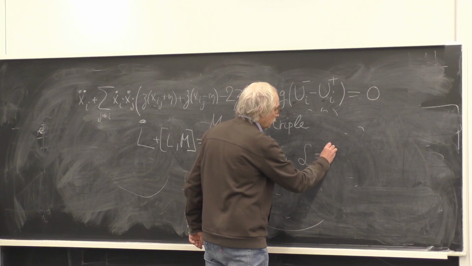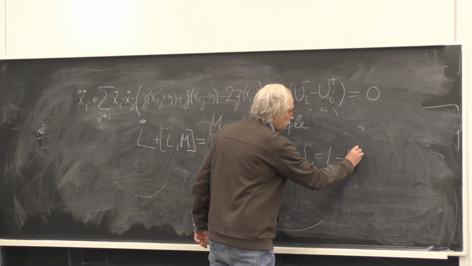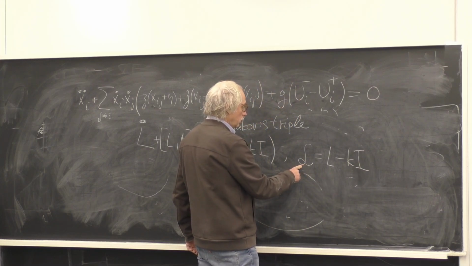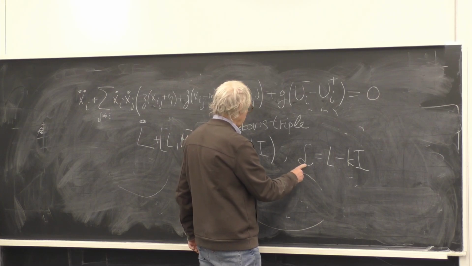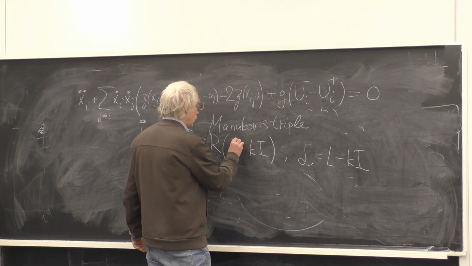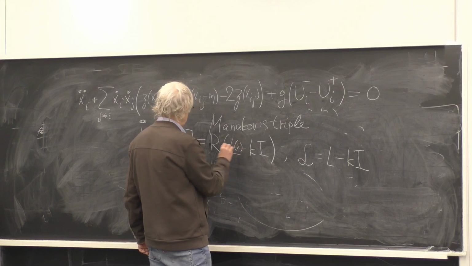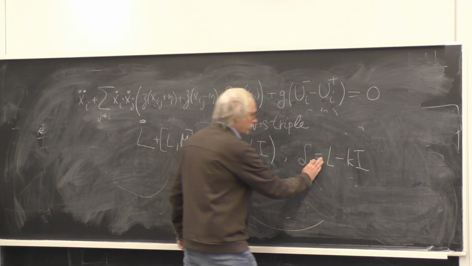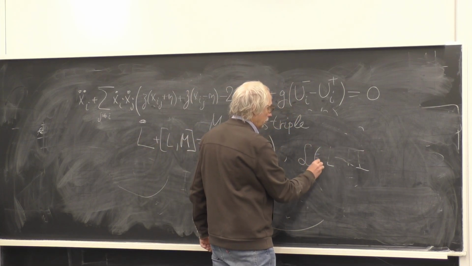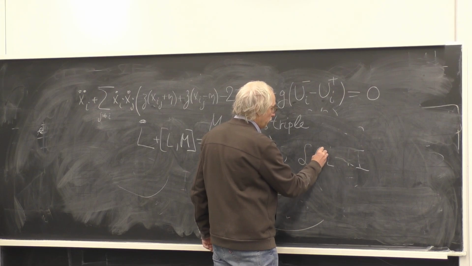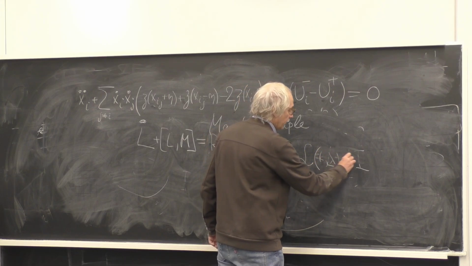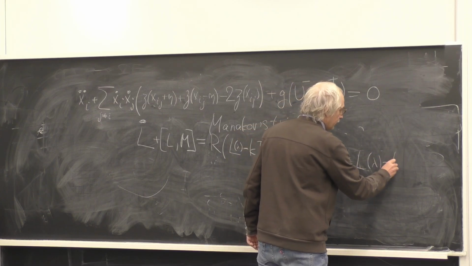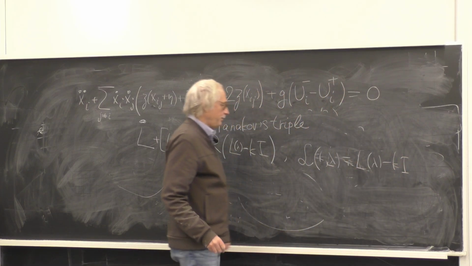Denote this matrix by L. So L depends on lambda, and this L depends on k and lambda, and it is L of lambda minus ki.